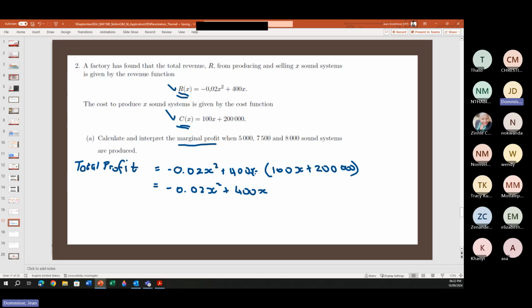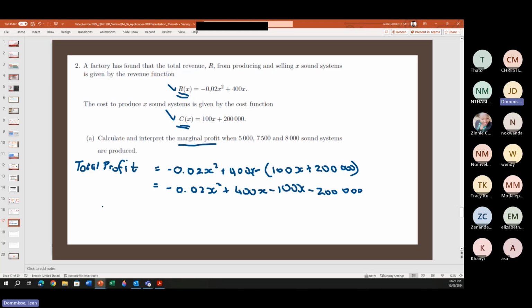Minus times 100 is minus 100x, and minus times positive 200,000 is minus 200,000. Okay, so that is our total profit function.